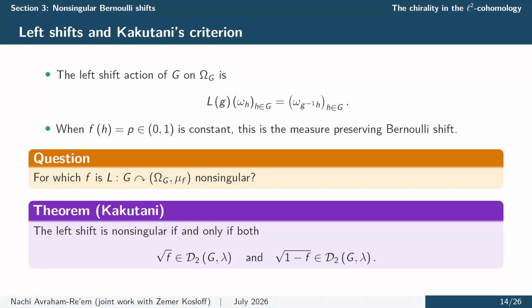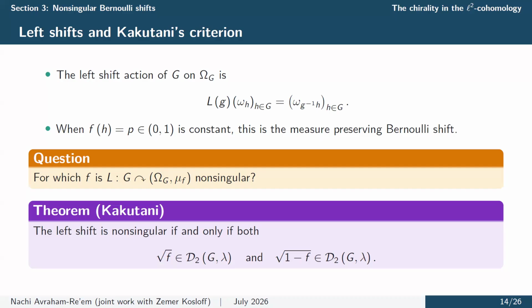In other words, if I have a configuration of marginal distributions on the group, I take the square root of those marginal distributions and translate them from the left. Now look at the difference, all differences between before and after you did this shift. Is this square summable? If yes, and only if, Kakutani says, then the measure class is preserved under the shift.